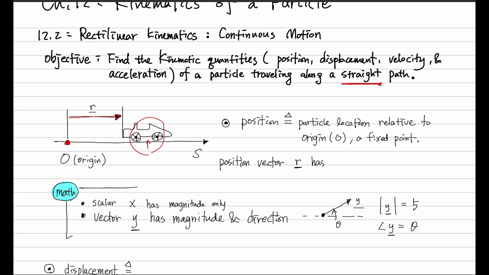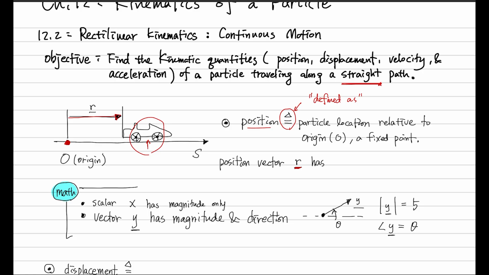All right, so position is defined as the particle location relative to the origin or a fixed point. And position vector R, I'm going to put an underscore, okay, and that's going to represent a vector.